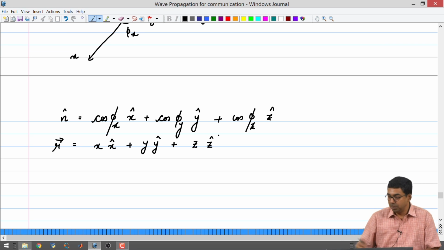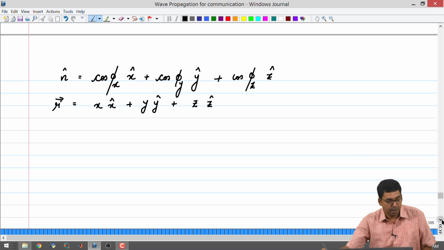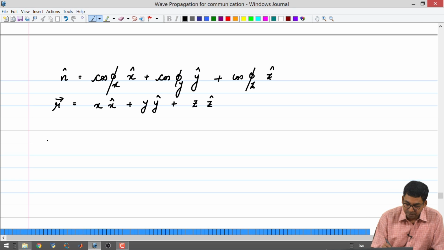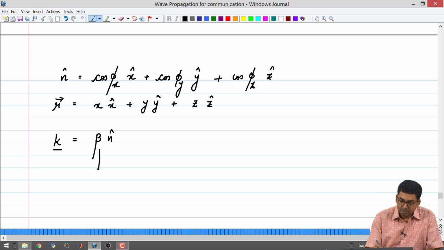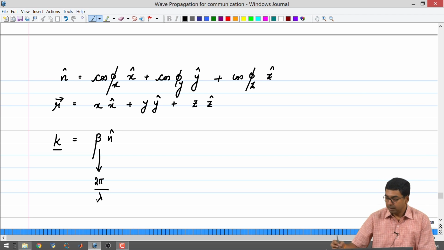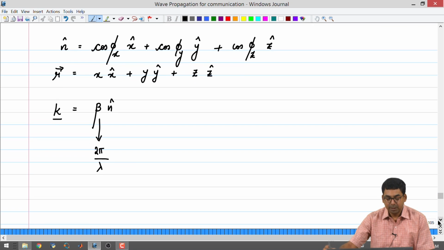So, that should be clear. Let us make that clear in a little bit more sensible manner. The relationship between K and n is just multiplying with a constant beta, and beta is given by 2 pi over lambda, where lambda is the wavelength in the medium that you are considering.